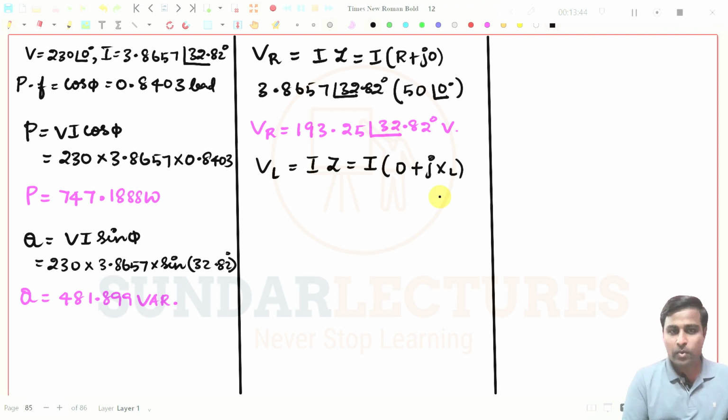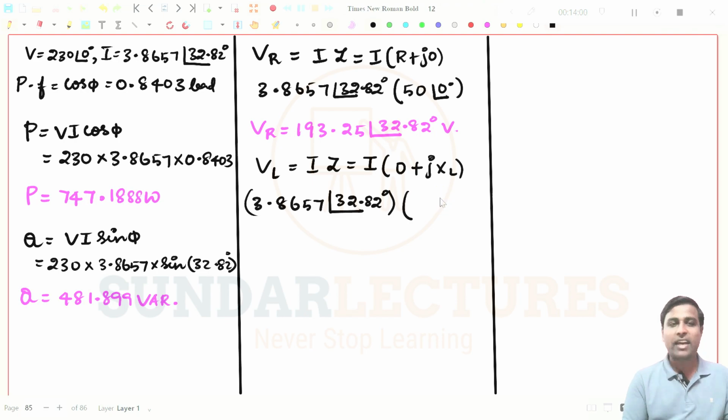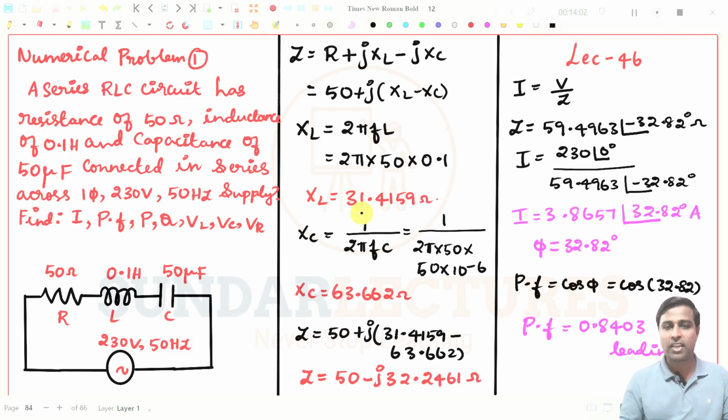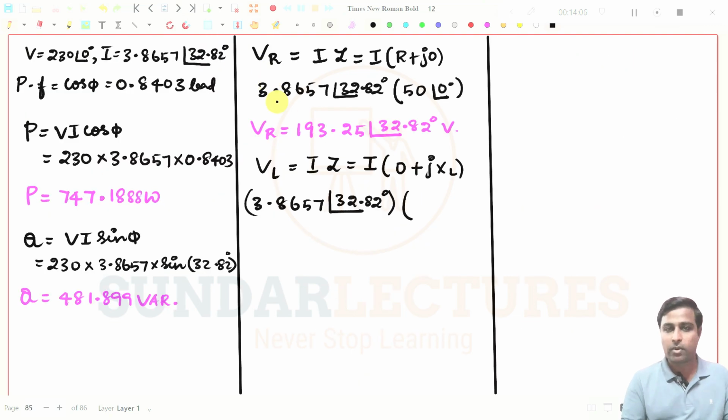So what is I here? That is 3.8657 at an angle of 32.82 degree, and it has to be multiplied by XL. What is the value of XL we have got here? XL is 31.419. That is 31.419 at an angle of, what is this one?